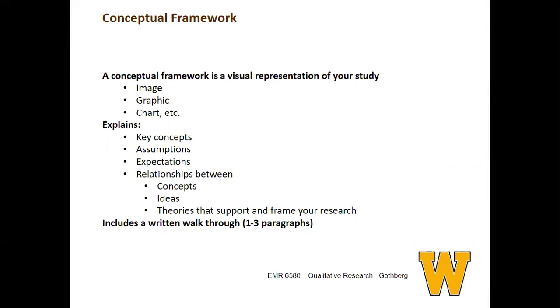Along with this visualization, you should include a written walkthrough explaining that conceptual framework. This tends to be done best in 1 to 3 paragraphs.